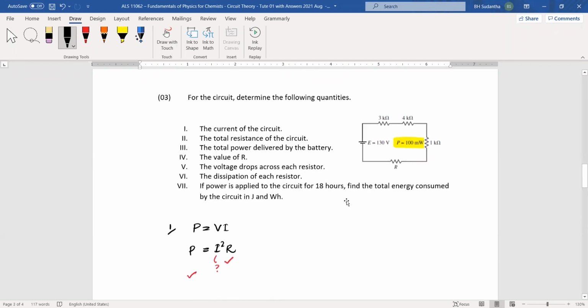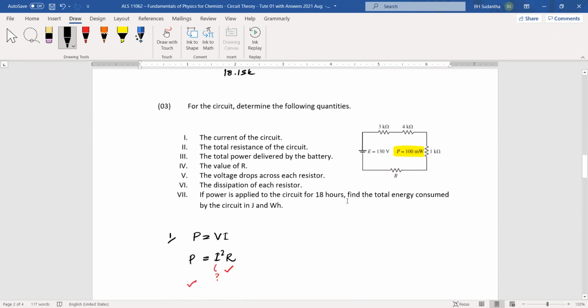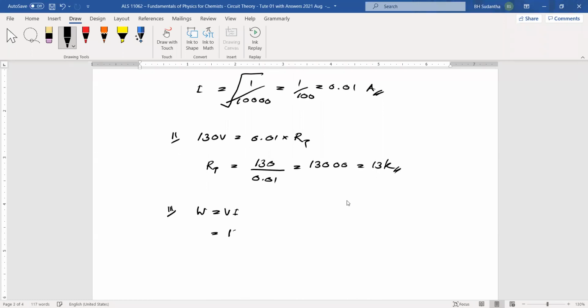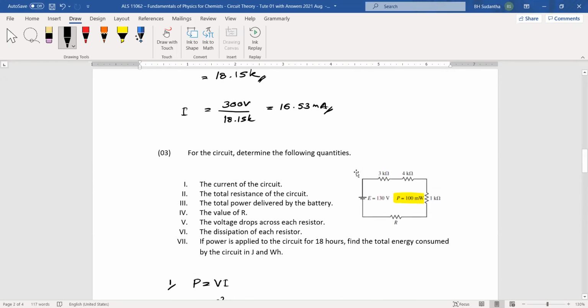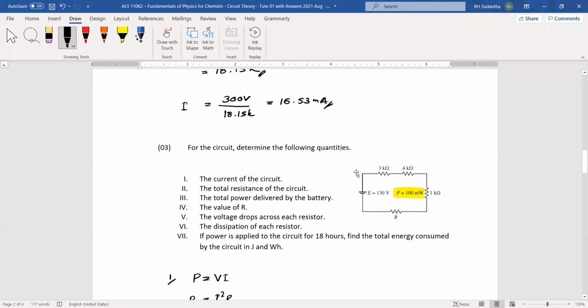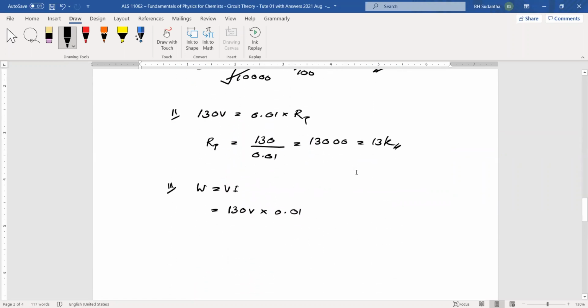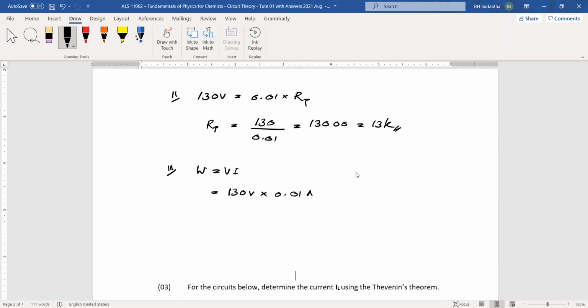We know it's 130 volts, and current is 0.1, it's 1.3 watts.